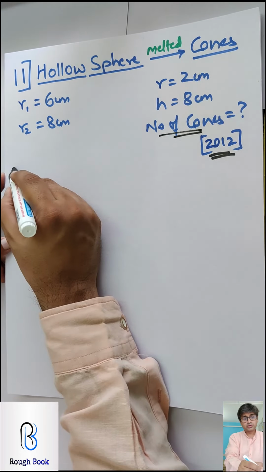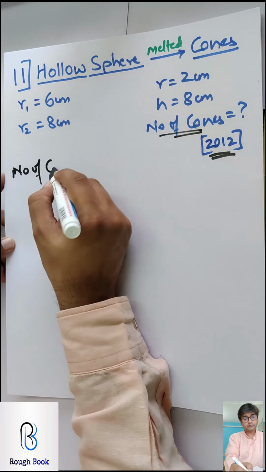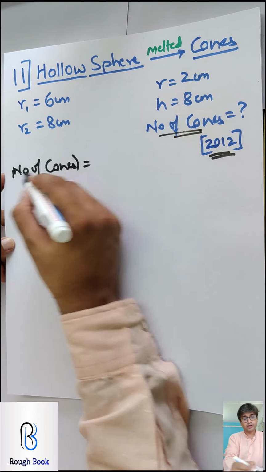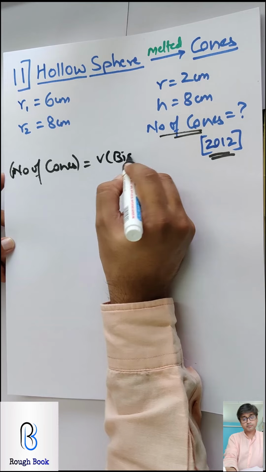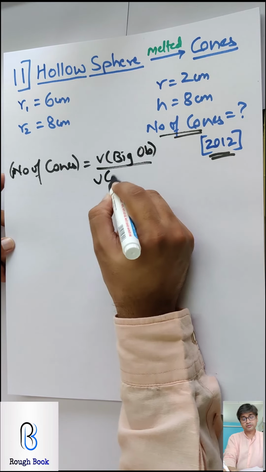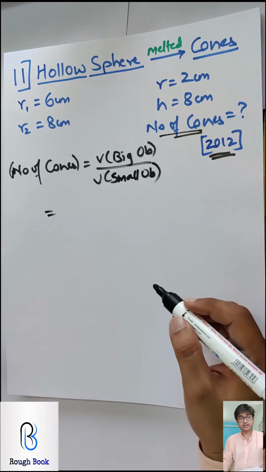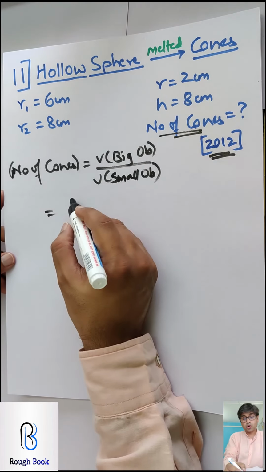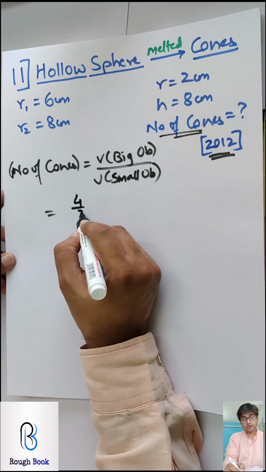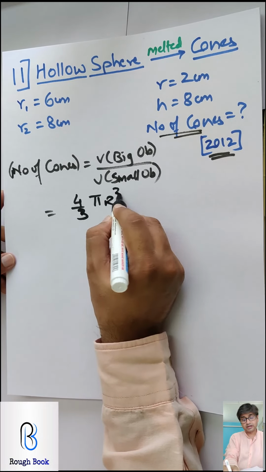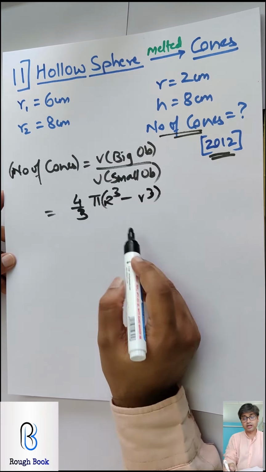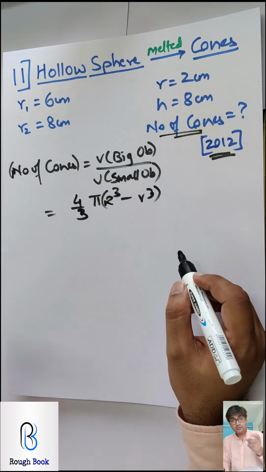Damn simple. So number of cones will be volume of big object upon volume of small object. So in this case the big object is the hollow sphere. So hollow sphere is 4 upon 3 pi capital R cube minus small r cube, because you are taking outer minus inner.